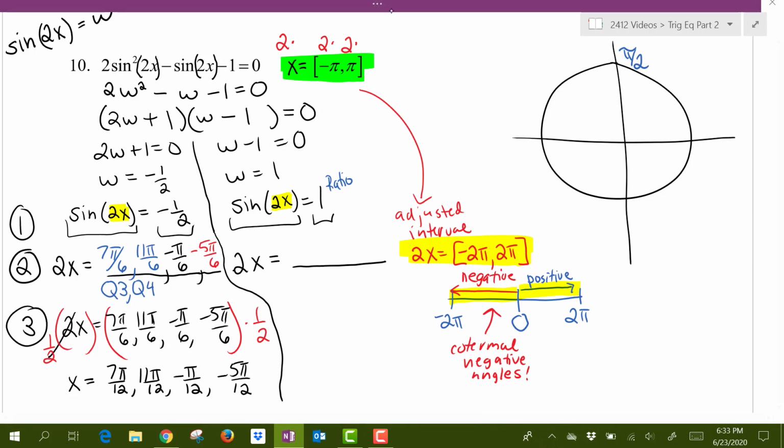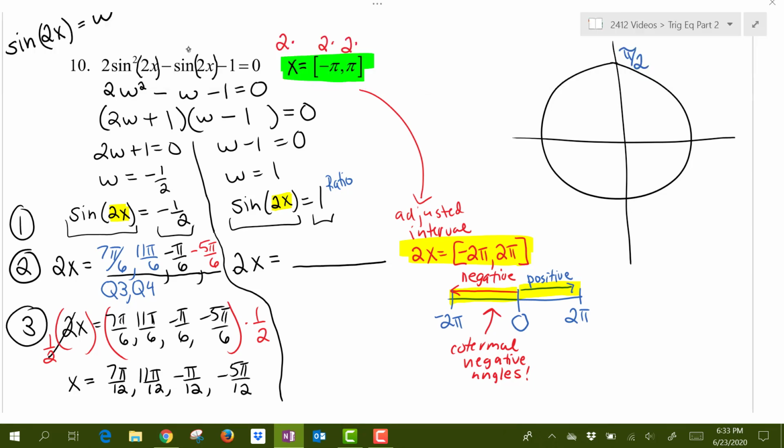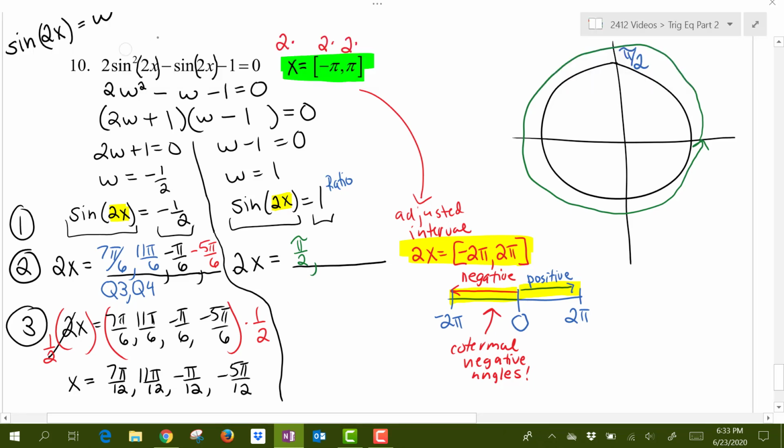Now I want to make sure that before we give our answer that we're going within the adjusted interval. So we have to go forward in the positive direction, one complete rotation, and pick up all possible solutions in the positive direction. So pi over 2 fits in that. But then we also have to go in the negative direction.